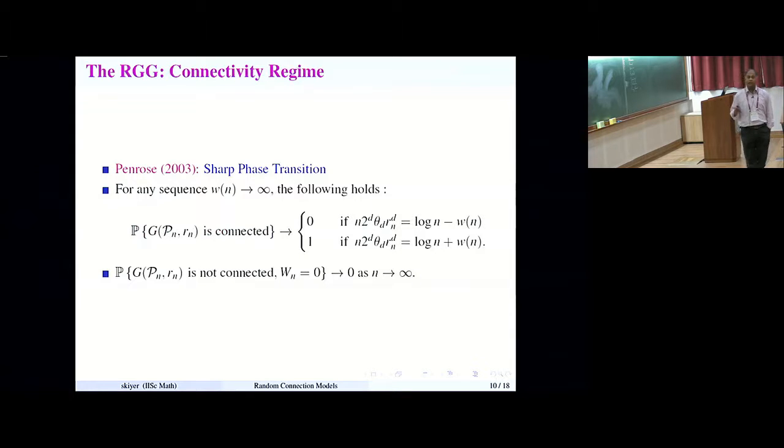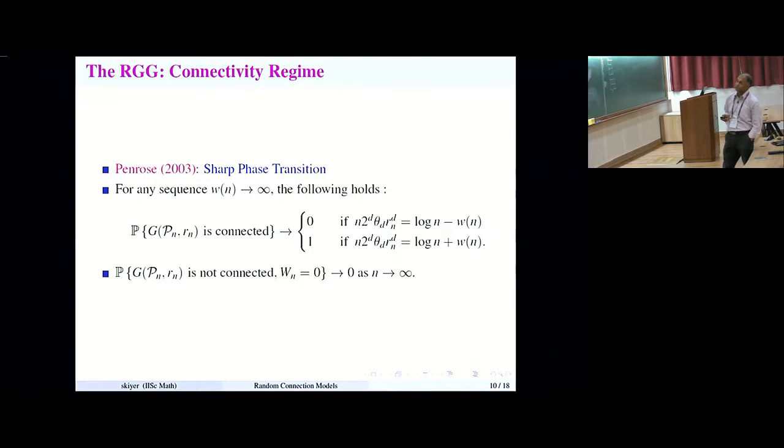Now, just as we had a sharp phase transition in the thermodynamic regime where percolation happens, what Penrose showed, of course, this reference is not the latest reference for such a result. This result was probably proved in the late 1990s, like 1999 or something. But you will find this and more general results in Penrose's book, Random Geometric Graphs, which appeared in 2003.